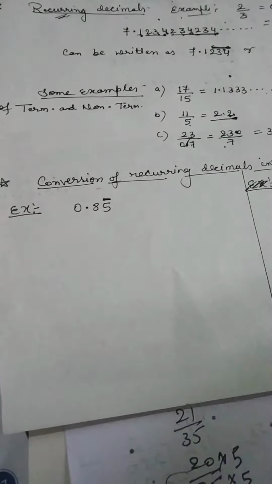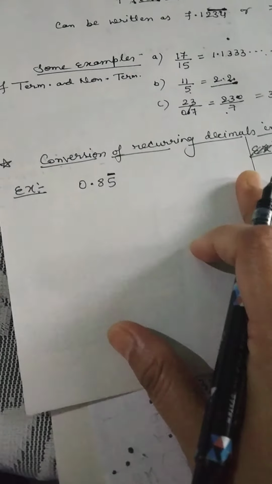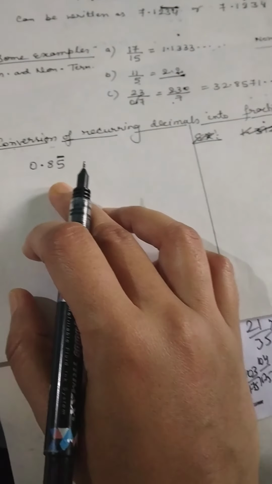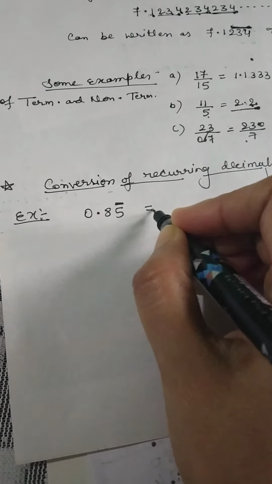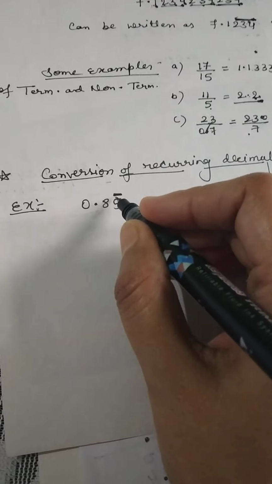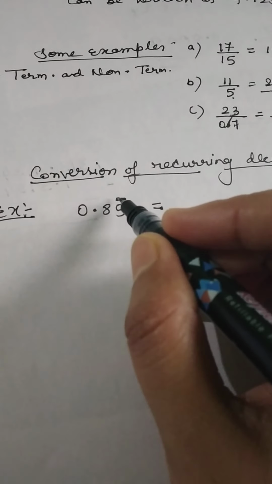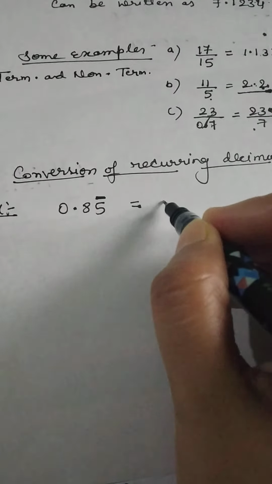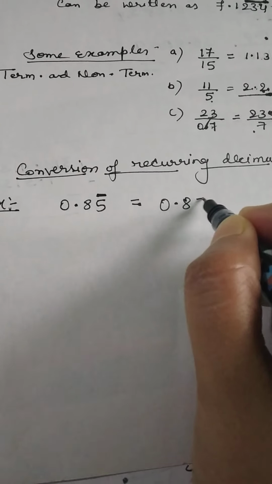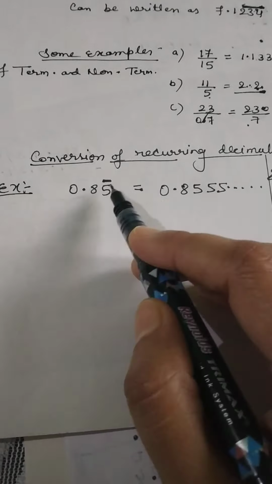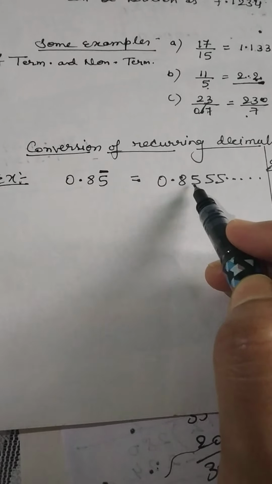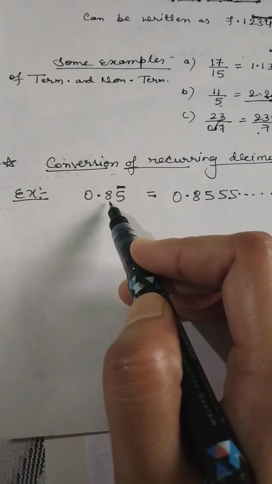Now next is conversion of a recurring decimal into a fraction. In this you have to pay attention to how to convert a recurring decimal into fractions. So the steps are, 0.85 and you can see the bar is above 5. Okay, so we can write it 0.8555 dot dot dot, means the bar is above 5 means only 5 is repeating, not 8.